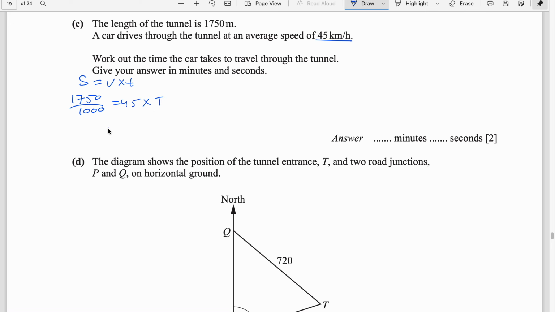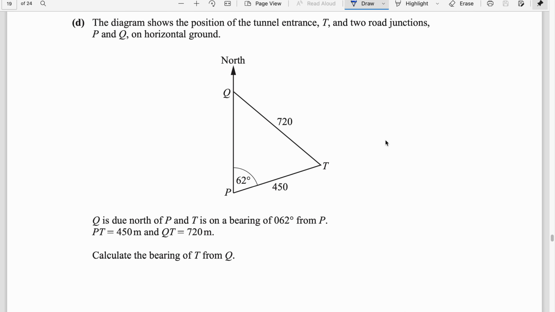So the time is 7/180, dividing by 45 on the other side. And 7/180 hours times 60, you get 2.33 minutes. Subtract the 2 in your calculator and 0.33 times 60 again would give you the remaining seconds. So it is 2 minutes and, to the nearest 10 seconds, 20 seconds.